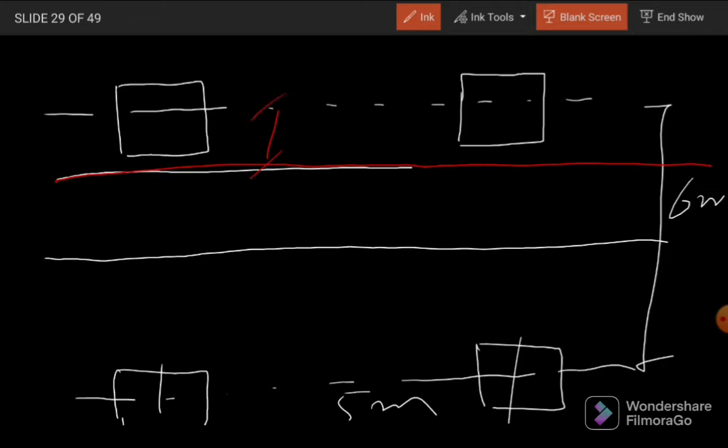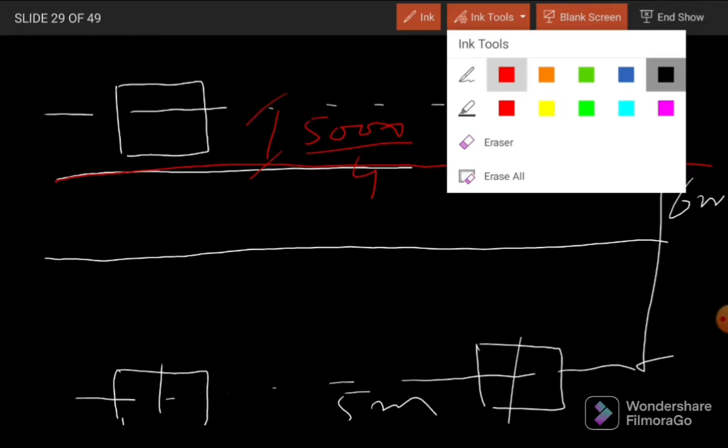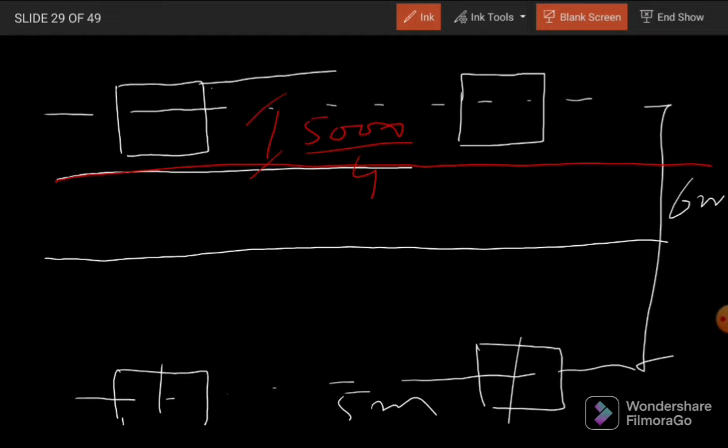So this distance is 5000 divided by 4. But our slab is projected up to the face of the column like this. So this portion we need to add into the column strip.